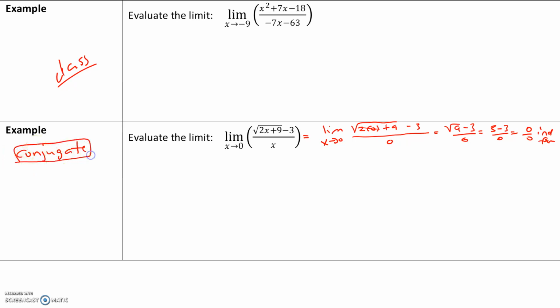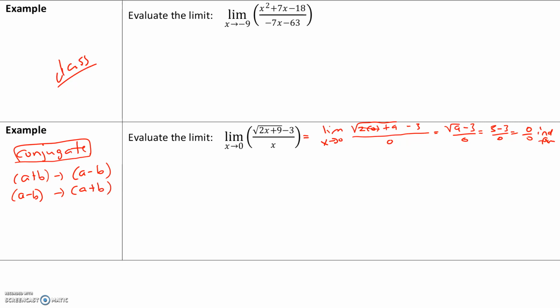Okay, here's what a conjugate is. If your expression is a plus b, then the conjugate is going to be a minus b. So if your two terms are a and b, and they're being added, the conjugate is going to be a minus b. The reverse is also true. If you have a minus b, then the conjugate is going to be a plus b. So it's basically the same two terms, but the sign in the middle changes.